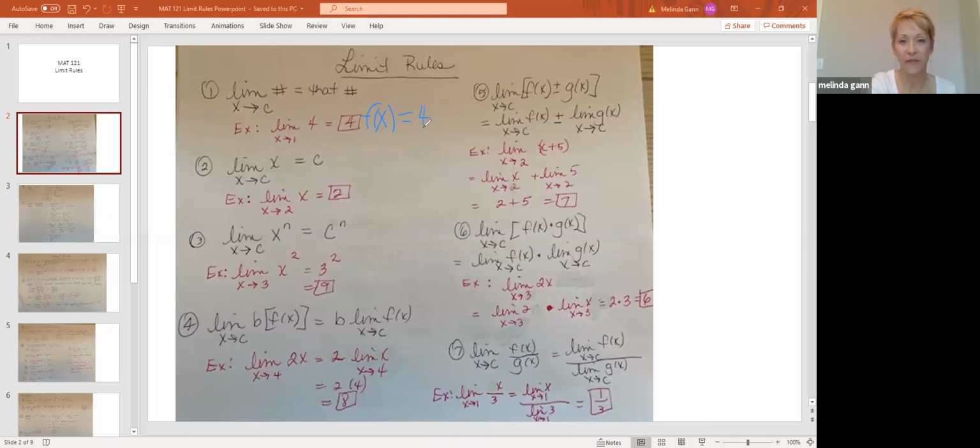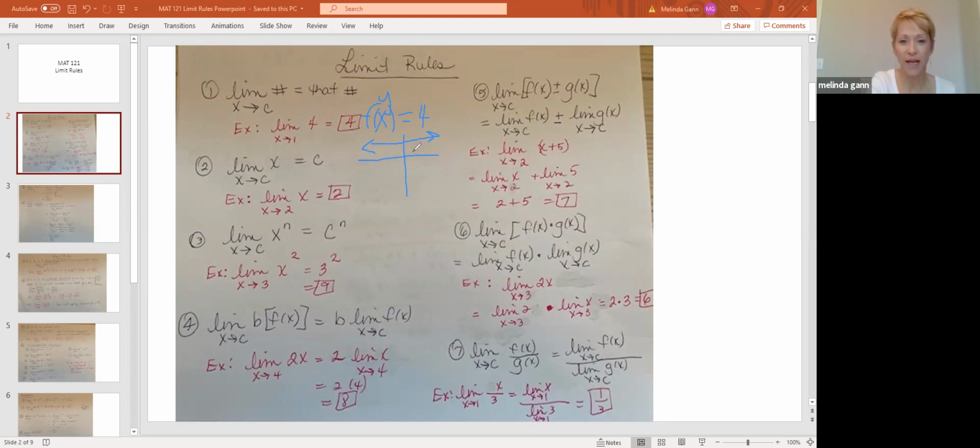Now, isn't f of x the same thing as y? Well, think about if you had a graph. If I told you to graph y equals 4, wouldn't you get a horizontal line up here that's 4 units above the x-axis?